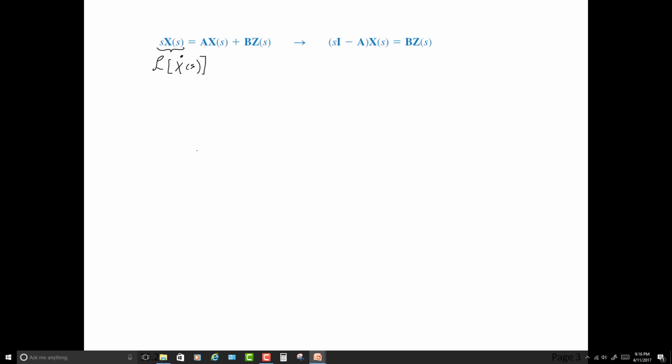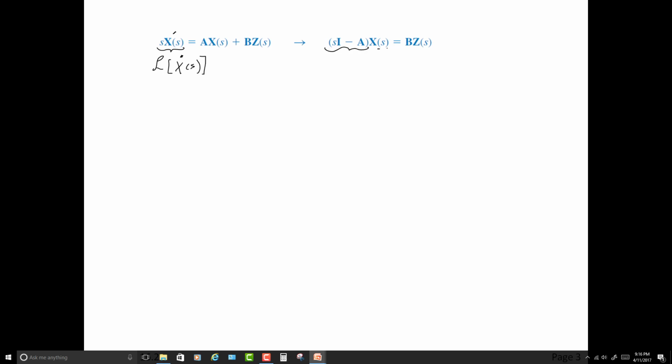So now if we do our shuffle and change here to get the x's on one side. Nice thing here is this derivative just became a function of x of s itself. So we come over here and look, we just get now a new matrix times x of s equals B times z of s.